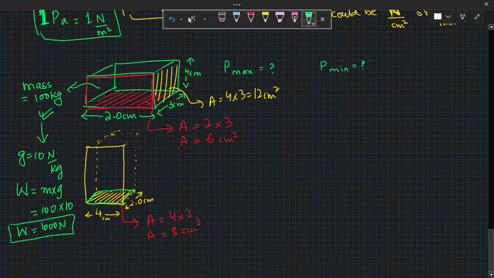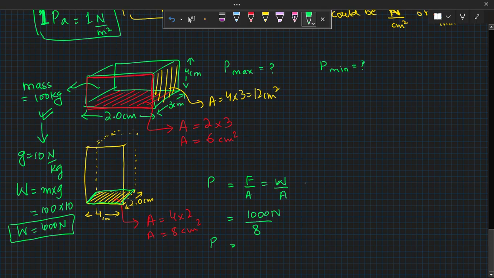Now, this side is giving what pressure? Pressure is force per unit area, or we can say the weight upon area. So the weight that I have is 1000 Newton, and the area that is in contact is going to be 8. So if you divide this, could you please tell me the value?